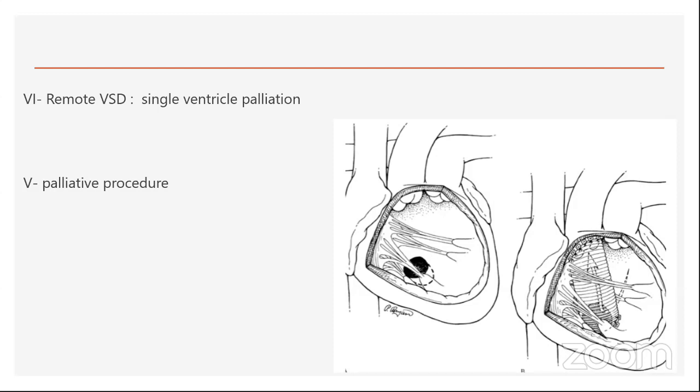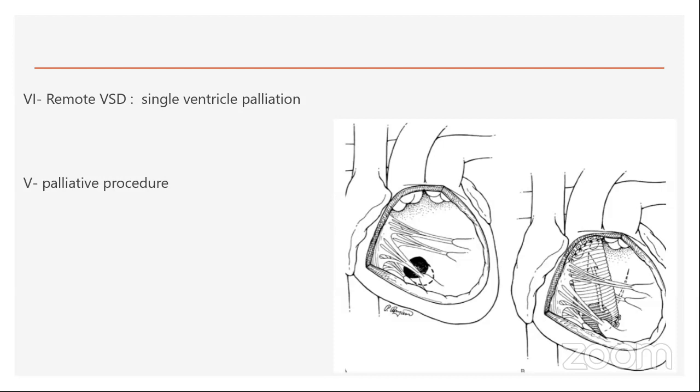The aim of the DORV repair is to connect the LV to the nearest great vessel, separating that from the RV, so that we establish a two ventricle repair.